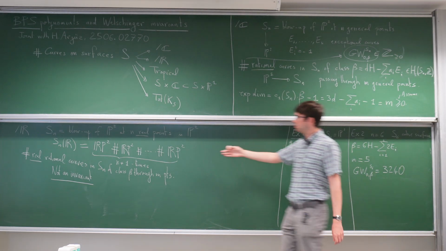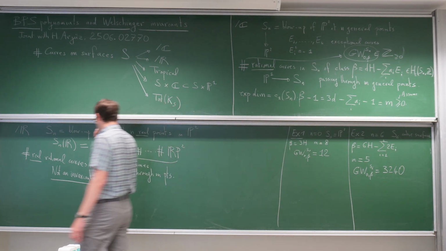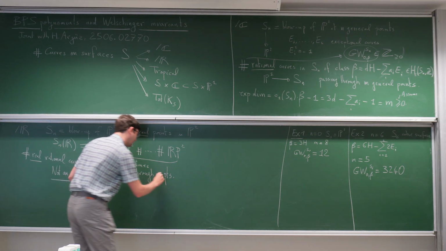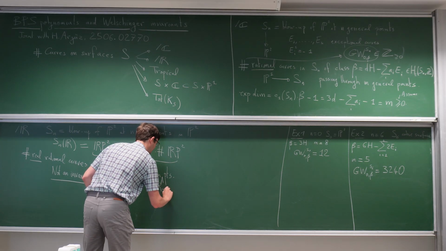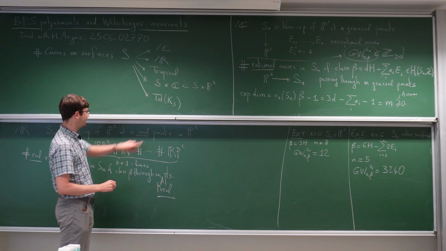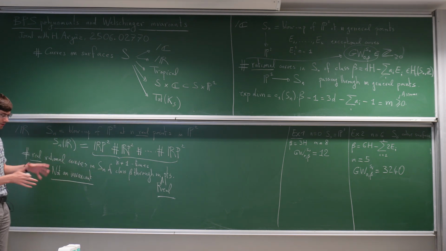But if you try to do real algebraic geometry, then everything is real. If you look at the moduli space of such real points, the bad loci are real codimension 1.